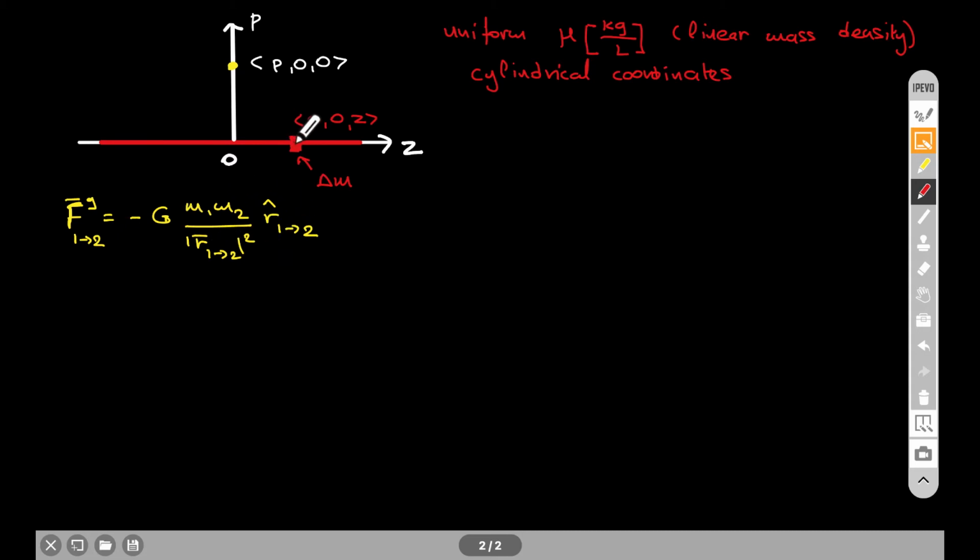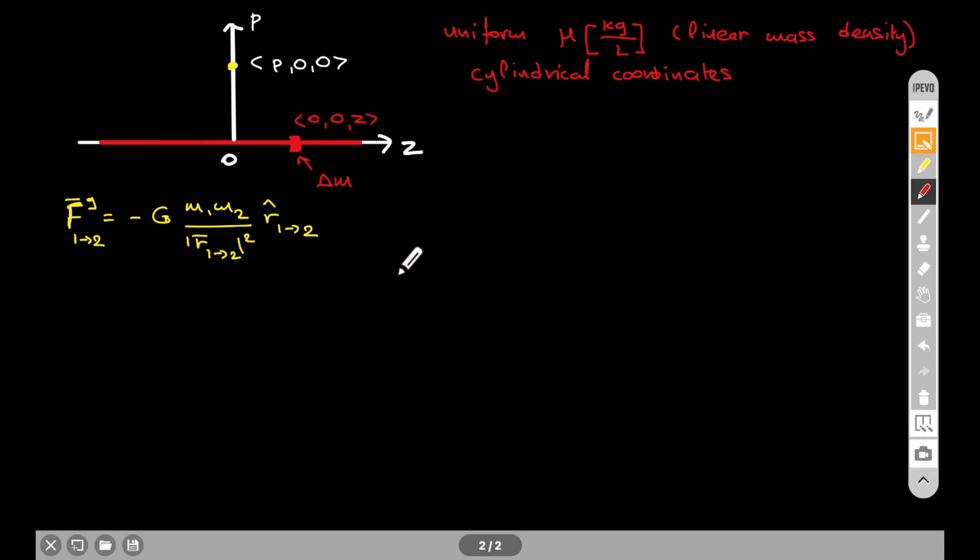So in essence, I'm modeling this small piece of mass as a point particle. Now, is it really a point particle? The answer is no, it's not. However, the smaller I make this piece, the better my approximation becomes, and the more accurate my results will be. So I'm getting there. For now, I'm just treating it as a point particle, even though it's a small piece of mass.